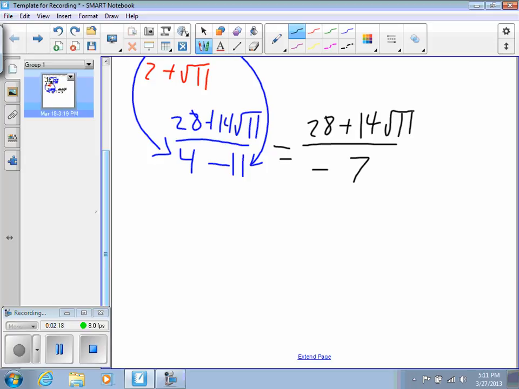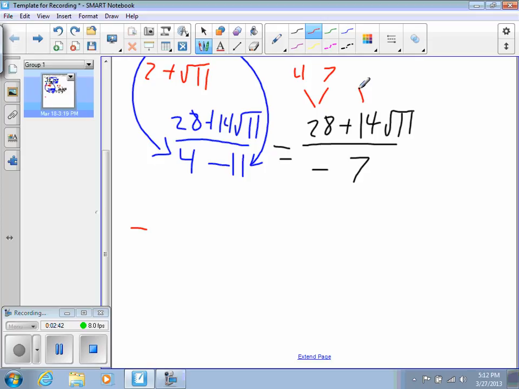That can be further simplified. Now, first of all, let's take that negative and move it out front. And then this 28, isn't that 4 times 7?